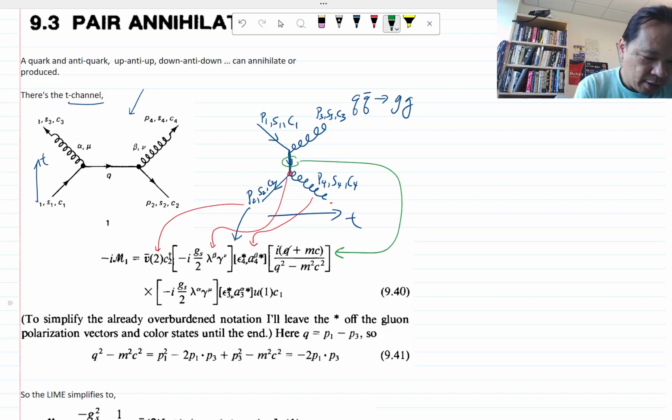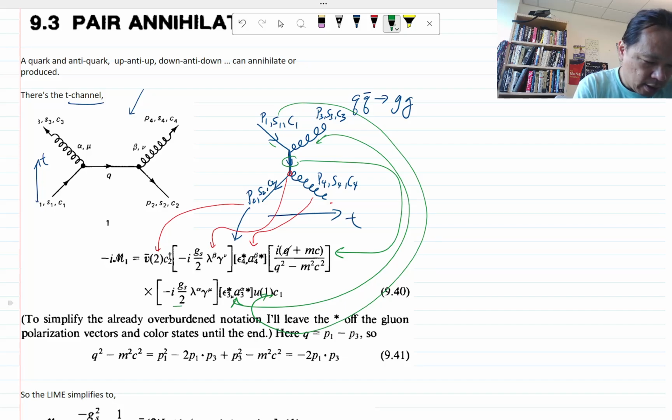Okay, then you have, we're going to do that in green, right? Then you have the propagator here. And then you run through the other vertex where we start off at the gluon, right? You start off at the gluon, and then you end up at the quark. I think the book decided to just factor out this lambda, alpha, gamma, mu.